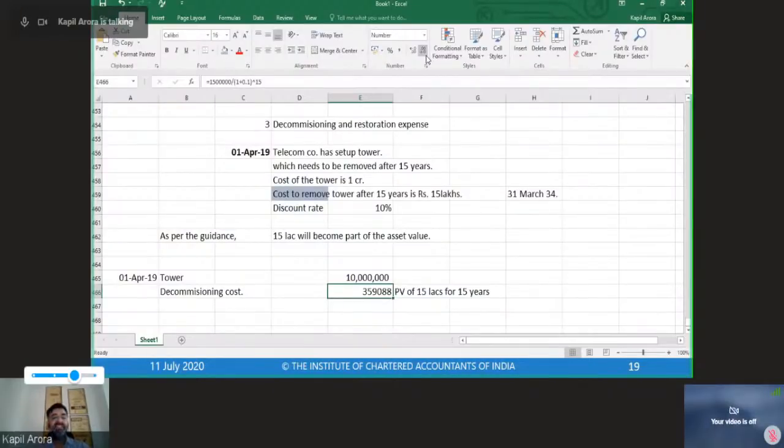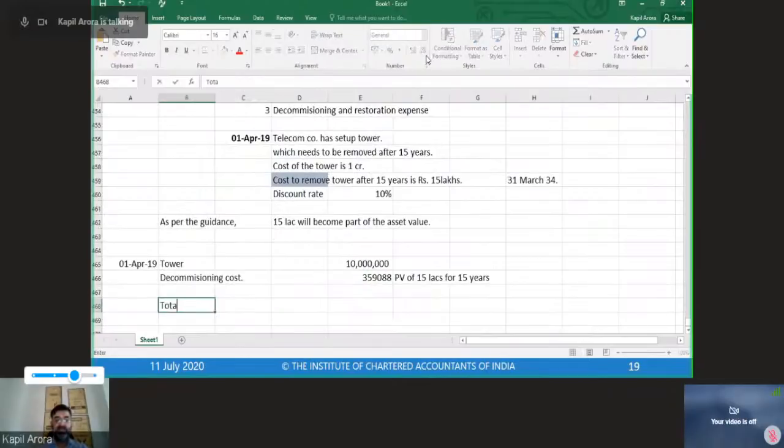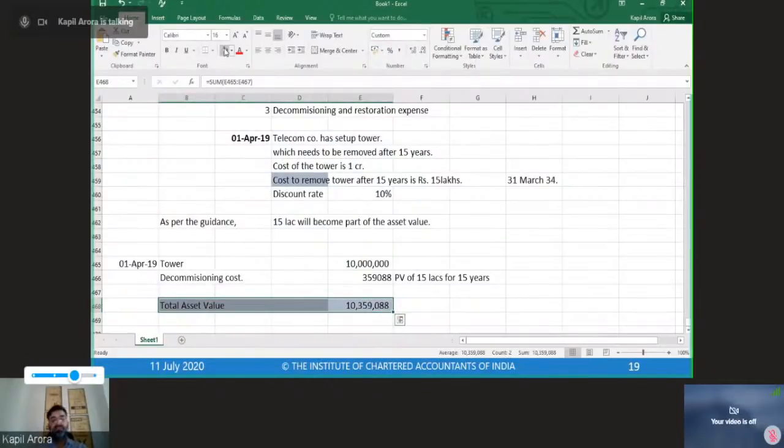So when we have the present value, the total asset value would be 1 crore 3,59,088.